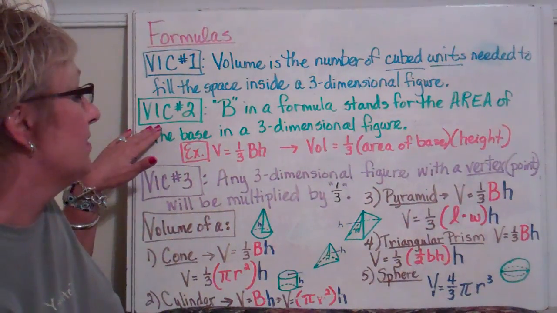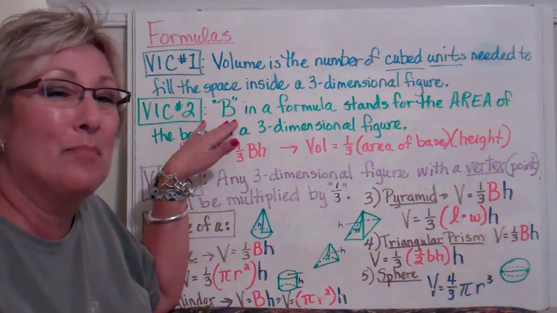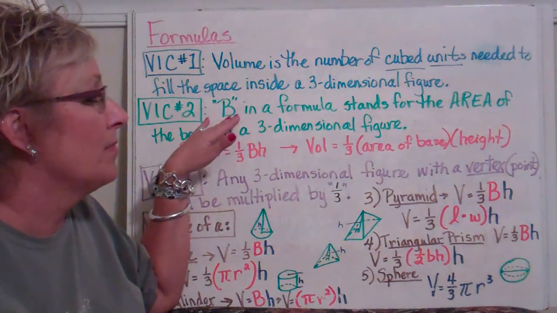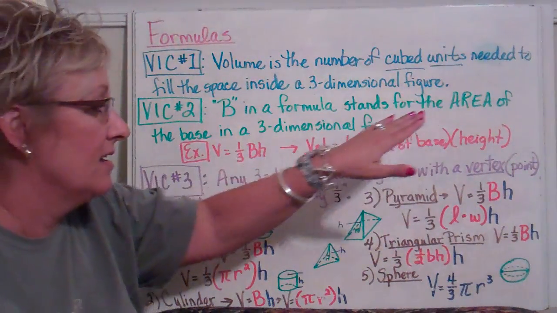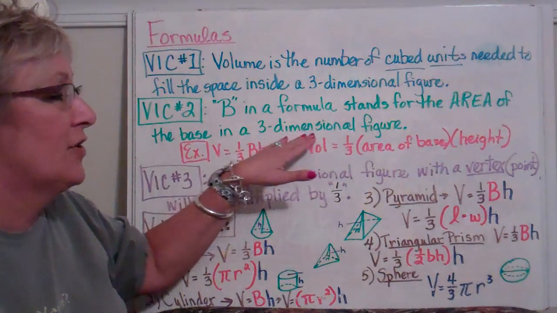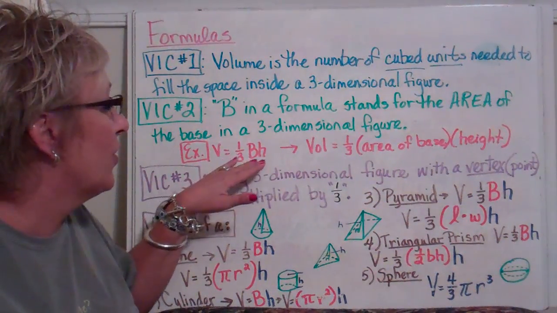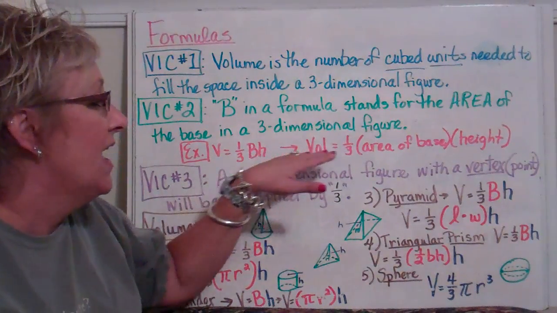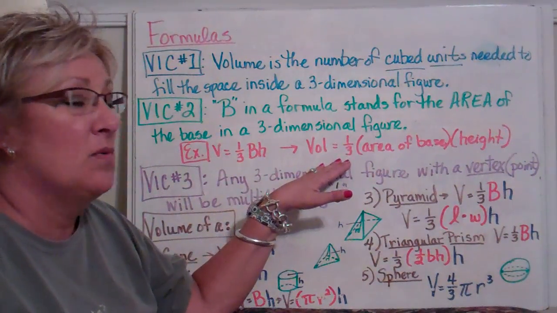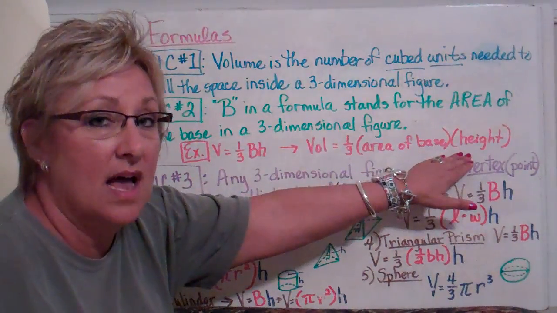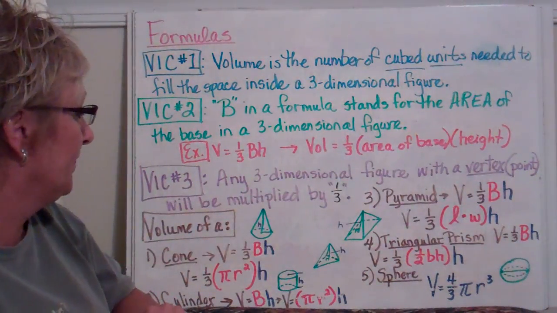Very important concept number two: anytime you see a big B in a formula, that big B stands for the area of the base in a three-dimensional figure. For example, if I have 1/3 big B times H, that means the volume is going to be 1/3 the area of the base times the height of the three-dimensional figure.